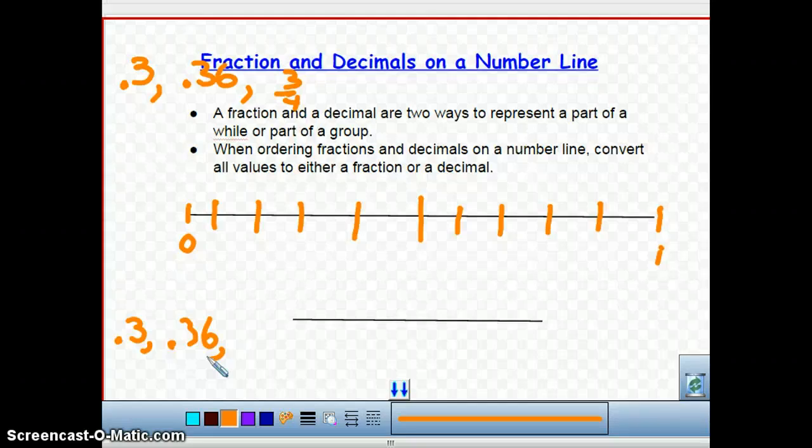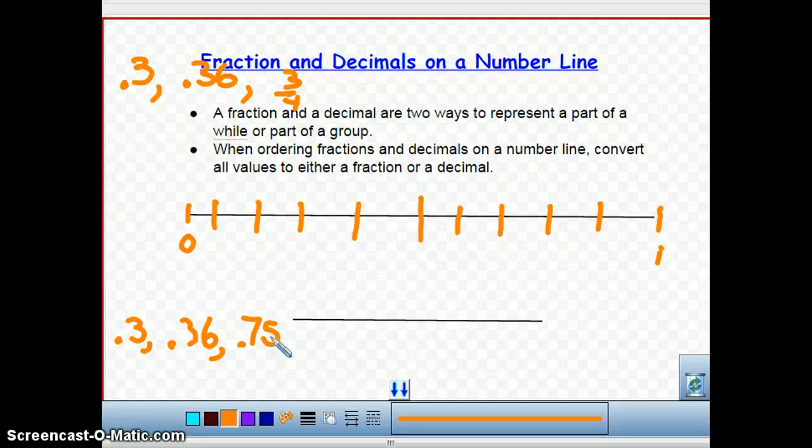Not 3/10, no. Stella? 0.75 or 75 hundredths. Think about those quarters. 3 out of 4 quarters is 75 cents. So that's 75 hundredths.